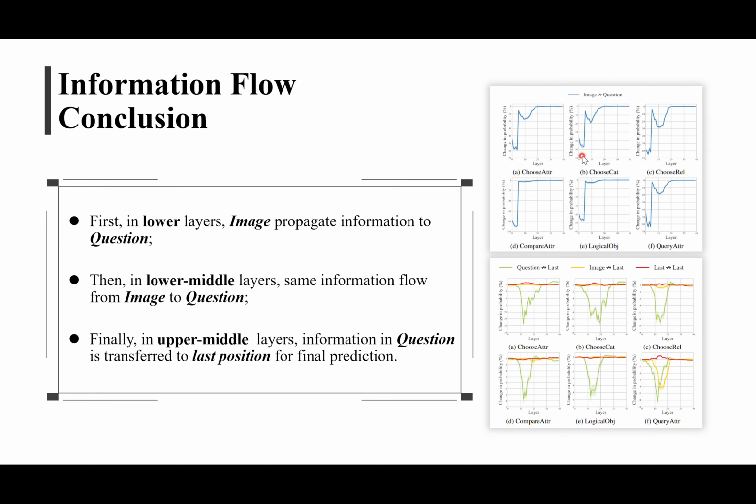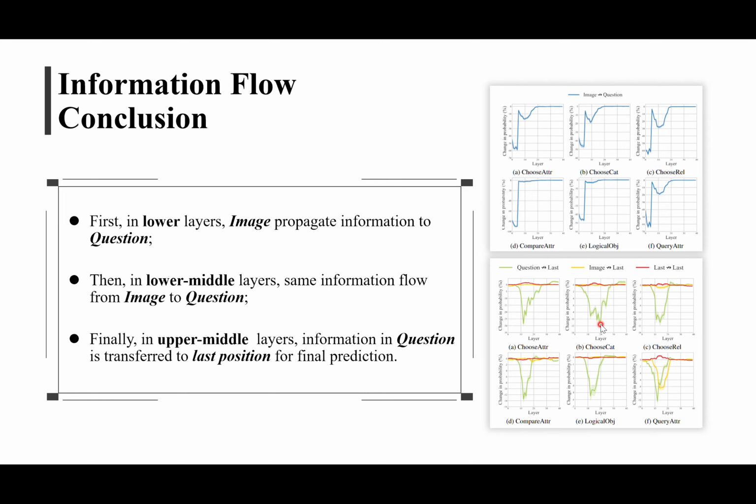One is in the 0 to 4 layer, and second is around the 10 layer. And then in higher layers, like around the 20th layer, the question already gets the image information, and then the representations in the question position transfer this kind of multimodal information into the last token for the final prediction.